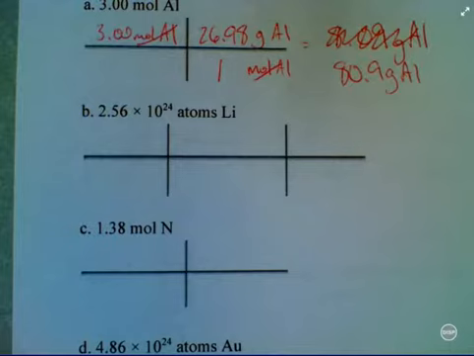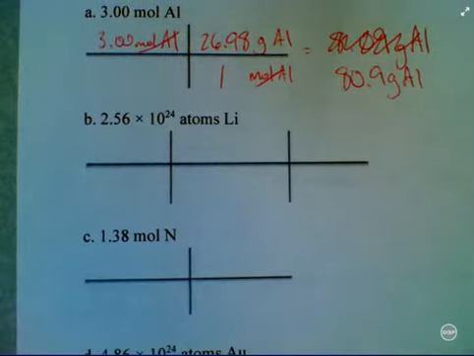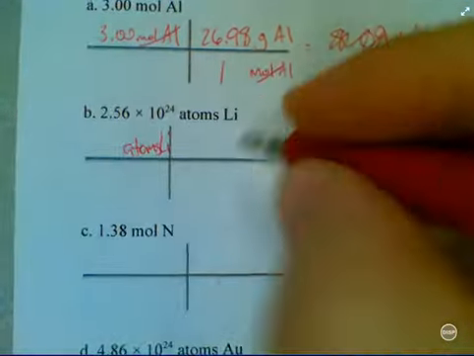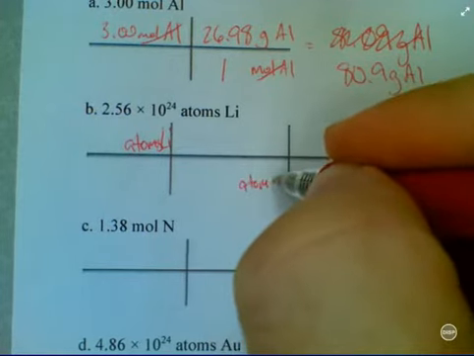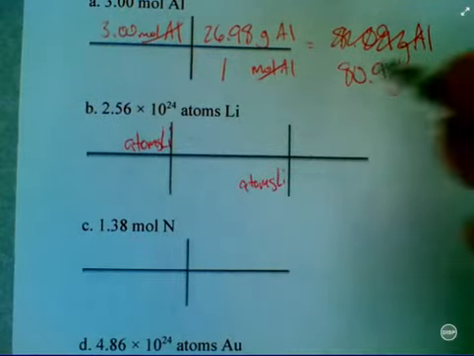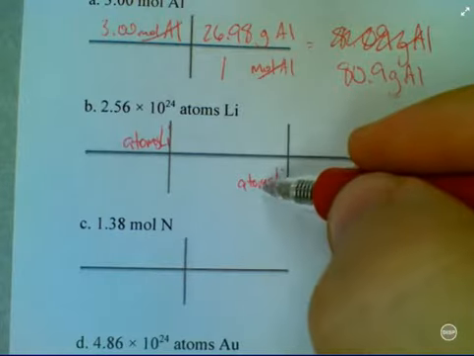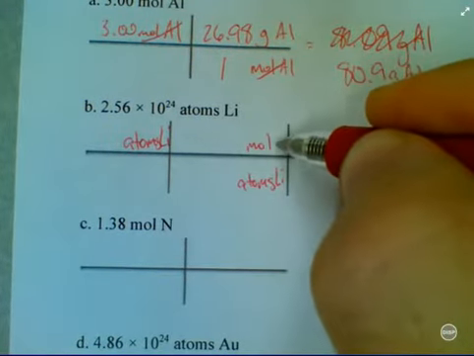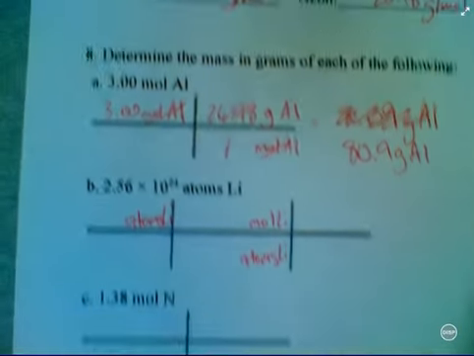All right. B, we're actually going to use 2 separate conversion factors because I'm given atoms of lithium. And so I'm definitely going to want to convert out of atoms of lithium. But the only thing that I can convert from atoms of lithium into are moles of lithium. But the question is not asking for moles of lithium.